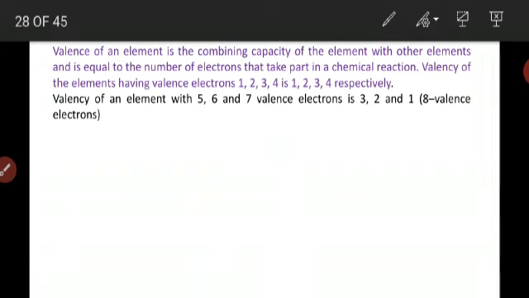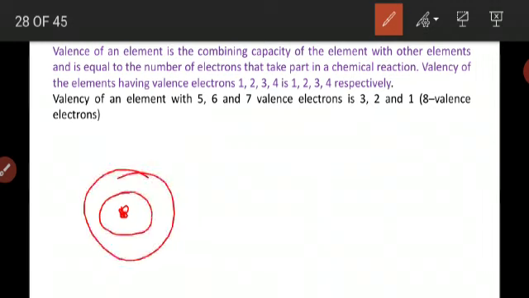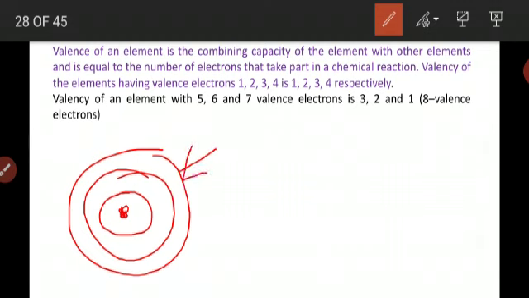You see here, this is the nucleus, this is the first orbit, this is the second orbit, this is the third orbit. You know that, right? This is called the outermost electron. The electron present in the outermost shell is called the valency electron.